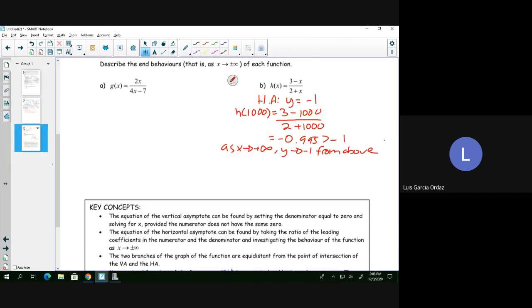And we're going to do h of negative 1,000, which is equal to 3 minus negative 1,000 over 2 plus negative 1,000, which gives us negative 1.005. Is that less than or greater than negative 1?